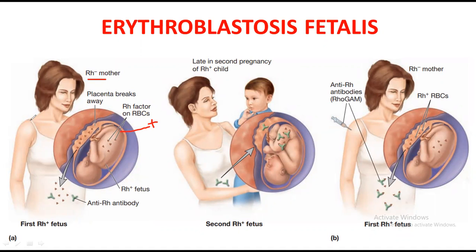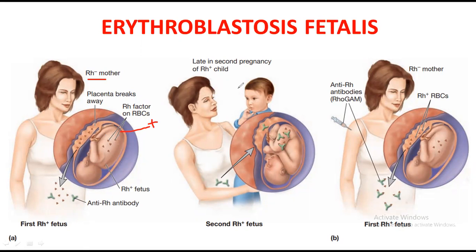When the mother is giving birth to her baby, mostly the baby's blood comes in contact with the mother. So the mother will start producing antibodies against that Rh antigen. In the first case, she starts producing antibodies against that antigen, but at that time she has given birth to her baby, so her baby is not affected by it.